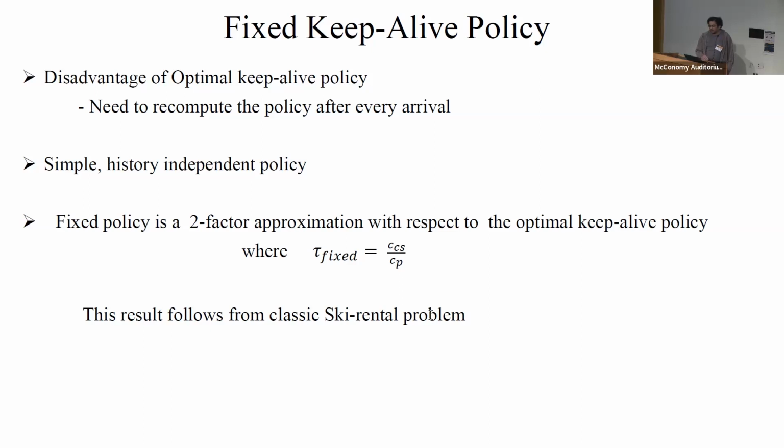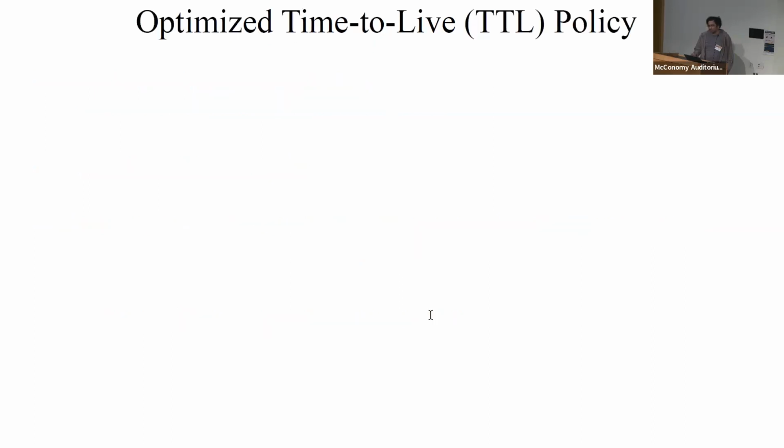In fact, the fixed keep-alive window policy is also the policy used by popular serverless platforms like Amazon's AWS Lambda and Microsoft Azure. We also design another history independent policy named the optimized time-to-live policy. This is a history independent policy, but it depends on the Hawkes process parameters.